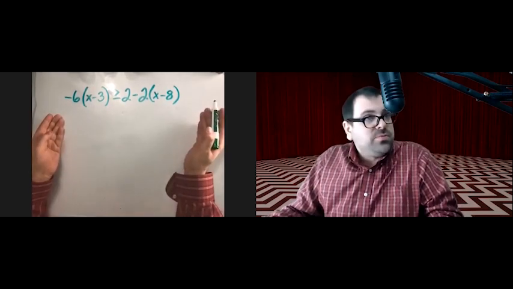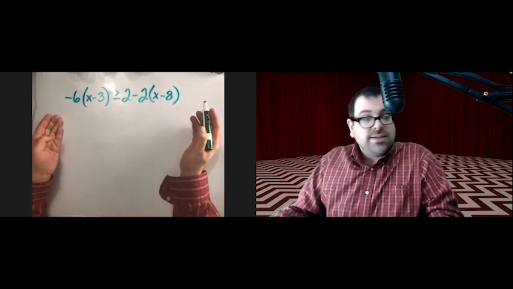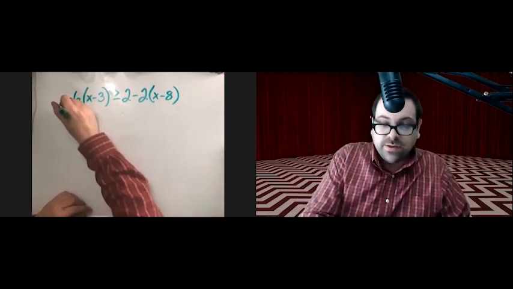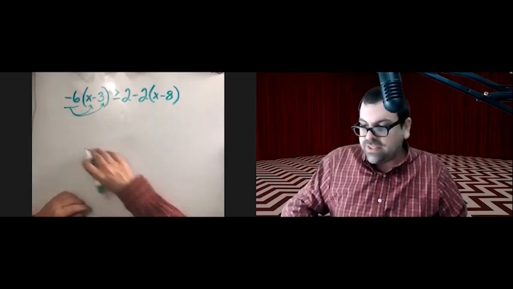So with parentheses, what do we do first? Well, in an equation, we distribute to clear the parentheses. And that is what we do here. We're going to distribute the -6.